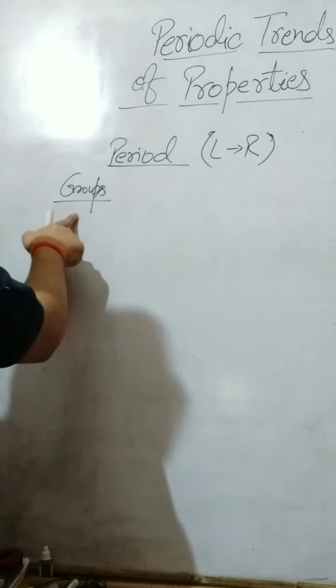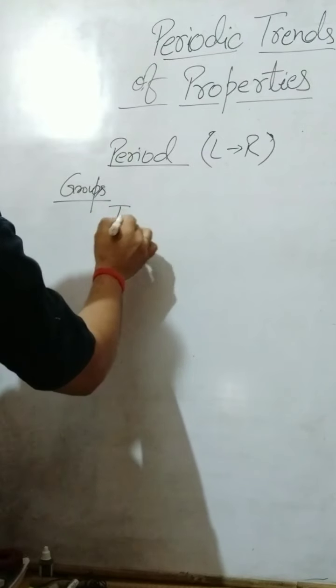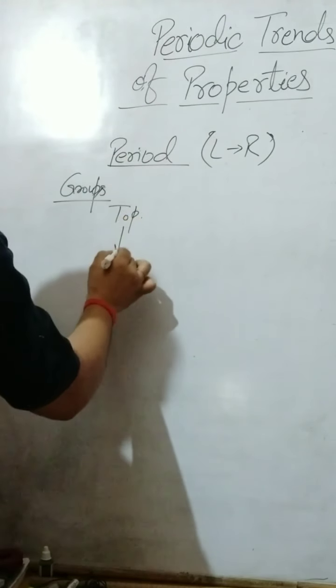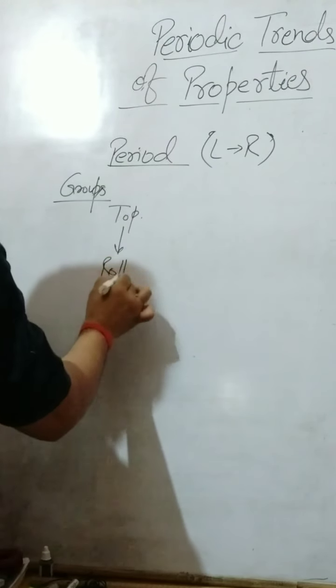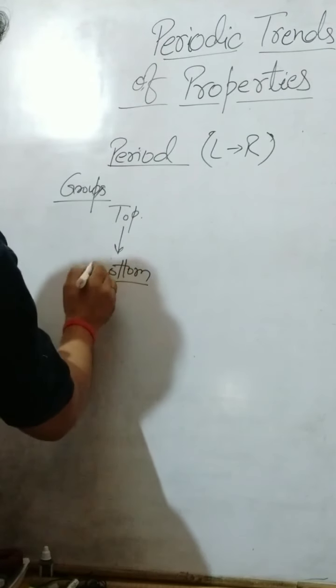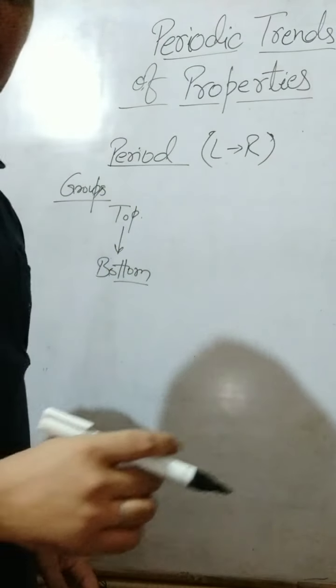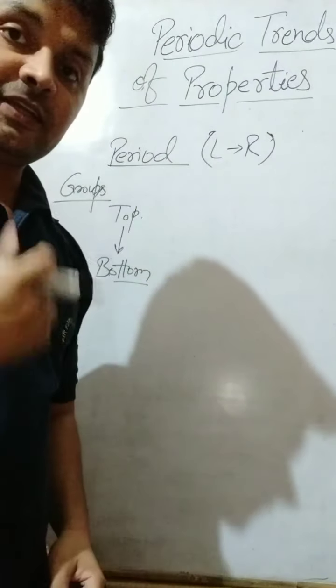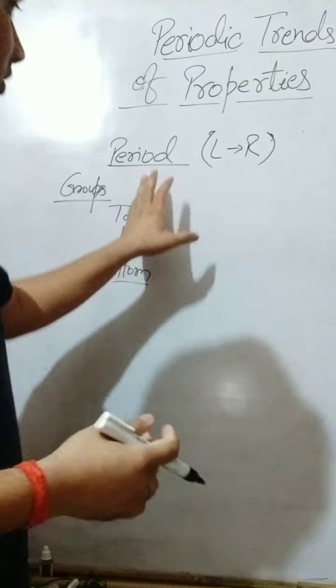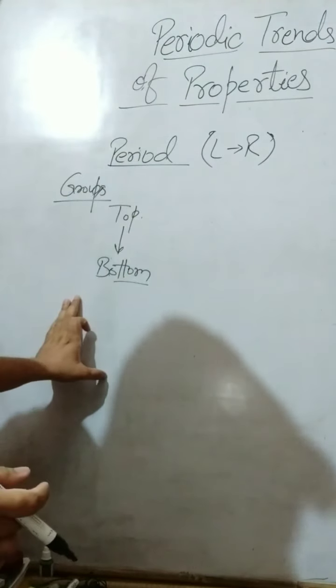And whenever we talk about groups, how elements behave in groups, we go from top towards bottom. Because the elements are arranged in increasing order of atomic numbers, the nuclear charge increases in periods and also in groups, top to bottom.